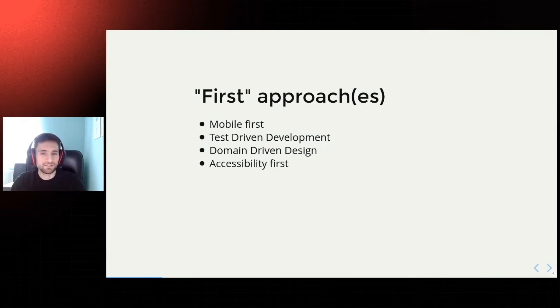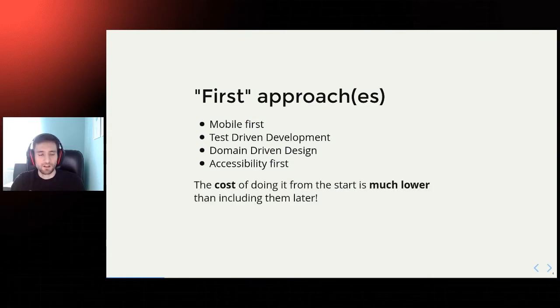And we have accessibility first. Each of them is different in how we implement them, when we implement them, and the general approach to them. But they all share a few things, like the reasons why we actually want to do this upfront, have this first approach, not just do it at any point of our project.